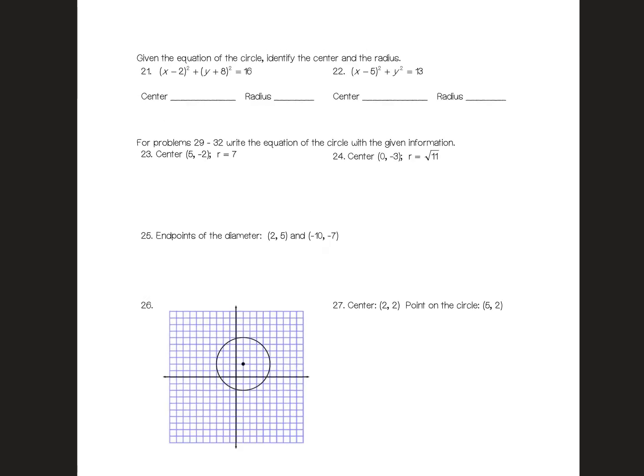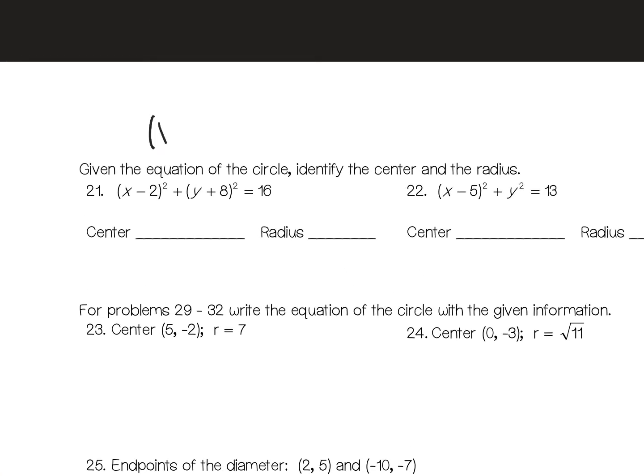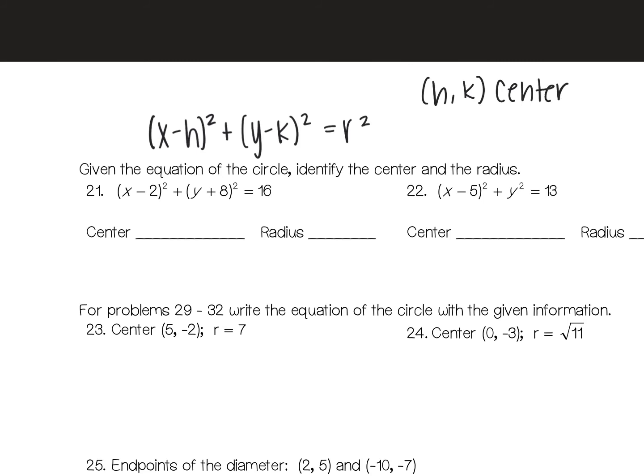This last page is the equation of a circle. So just as a reminder, your equation is x minus h squared plus y minus k squared equals r squared. HK is the center and r is the radius.